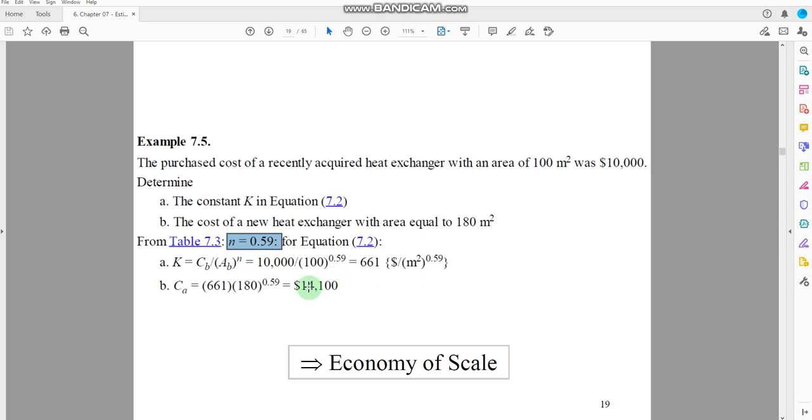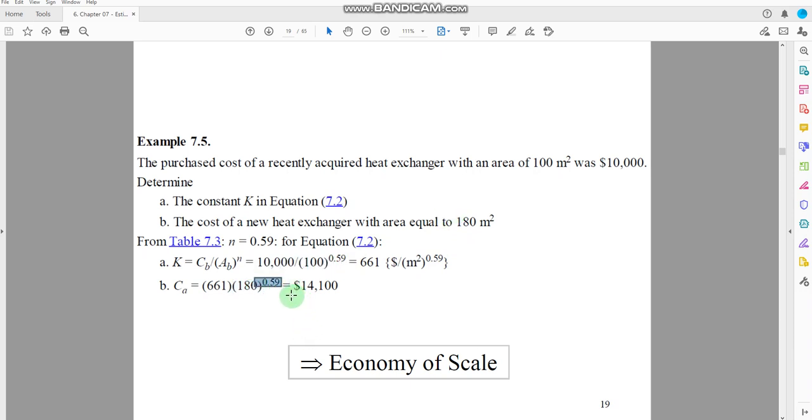Now you would use this value of K to estimate the cost of the new heat exchanger with an area of 180 meter square. CA is the new cost, the new capacity is provided to you, and K is $661 per meter square, which we got here. We have the new heat exchanger area, or capacity, and the value for n we have already calculated.